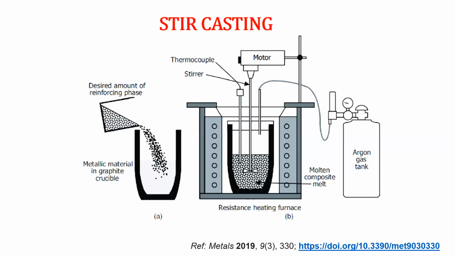Ceramics have high hardness and refractoriness, and can withstand high temperature, whereas the matrix material has good corrosion resistance, ductility, and low density. So the final product will have the advantage of both materials.